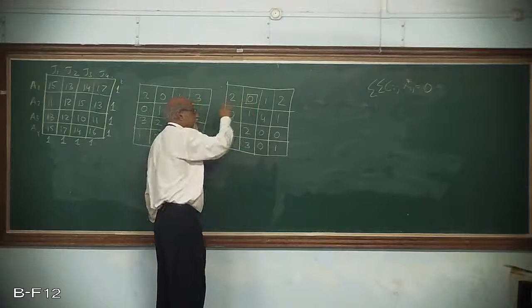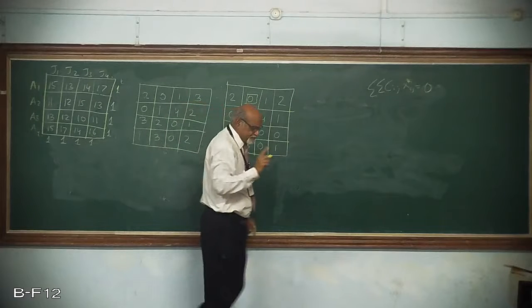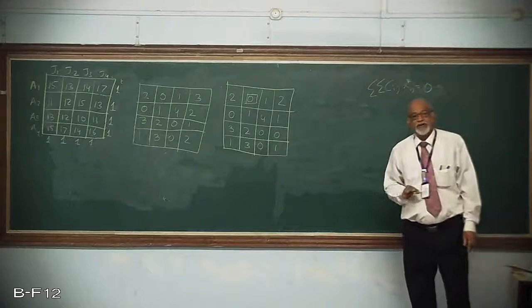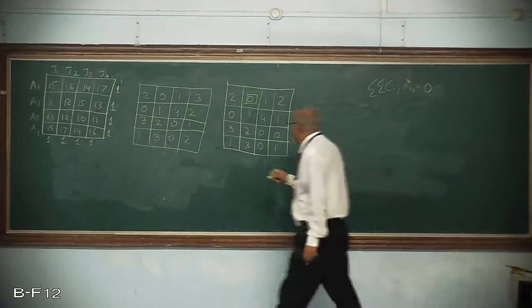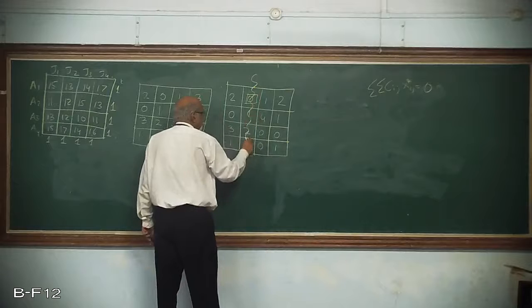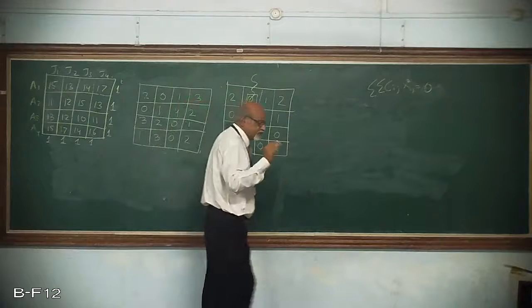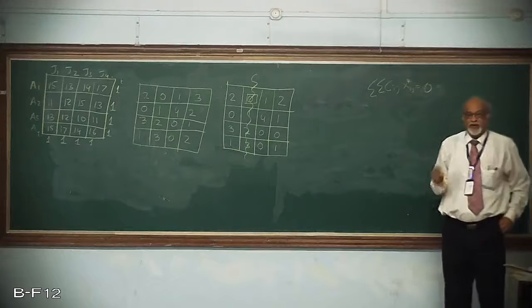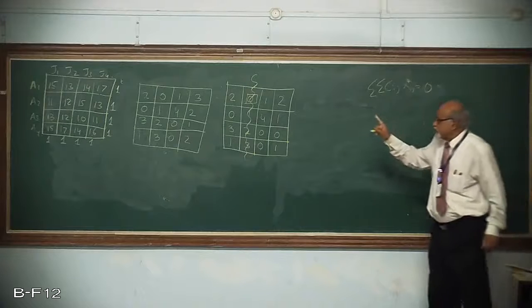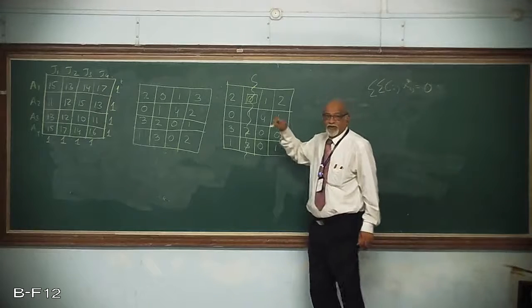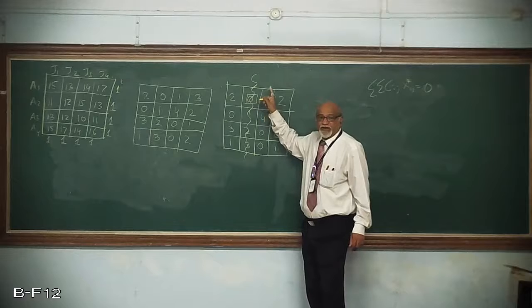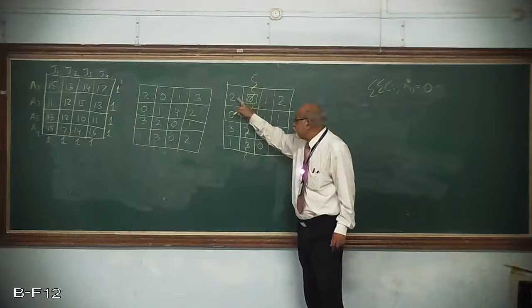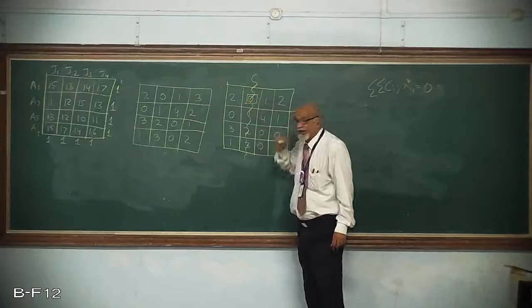Since I am going row wise, try to understand, I will draw the vertical line. It has got particular significance. We will come to know about it. This is the method. First you start with the first row and scan till you get exactly 1 zero. Fortunately, I have got it here. Since I am going row wise, I have drawn the vertical line.